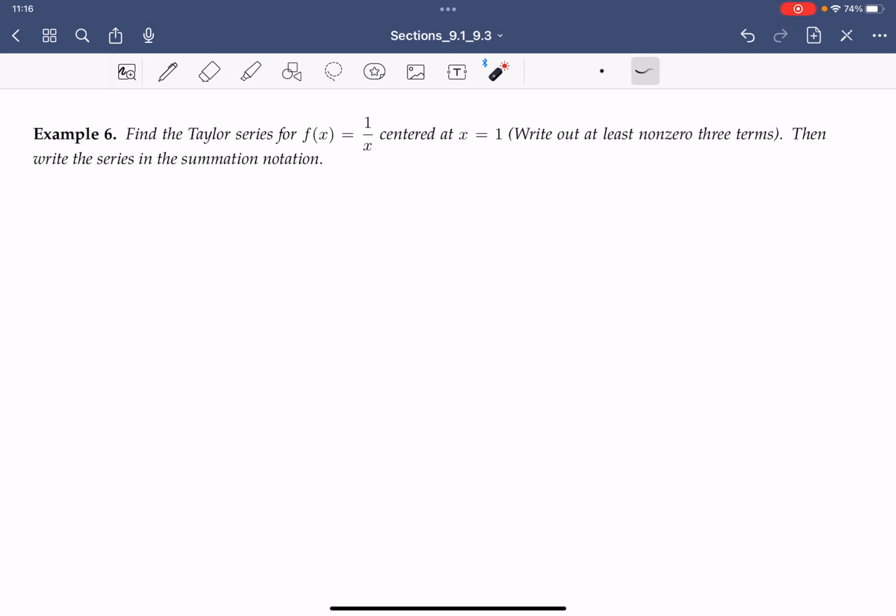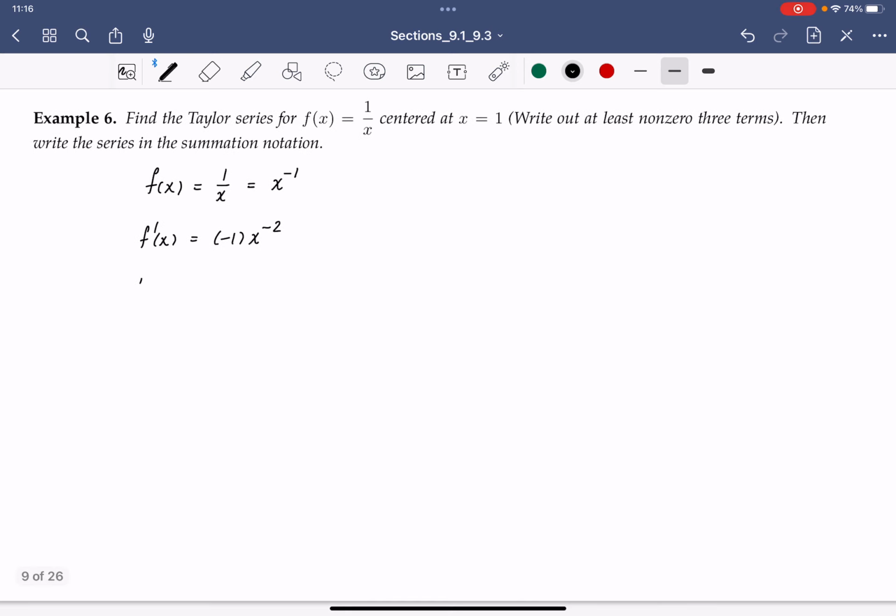So example 6: find the Taylor series for f of x equal to 1 over x, centered at x equal to 1. So f of x equals 1 over x, which is actually x to the negative 1. When you differentiate one time, you get negative 1 times x to the negative 2.